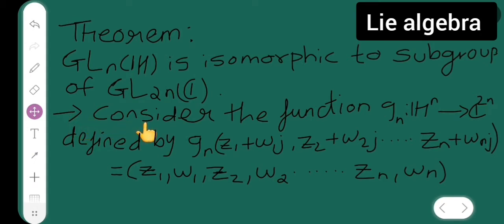So first, consider the function Gn from H^n to C^2n defined by Gn of (z1 + w1 j, z2 + w2 j, up to zn + wn j) equal to (z1, w1, z2, w2, up to zn, wn).